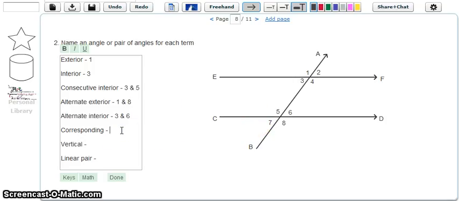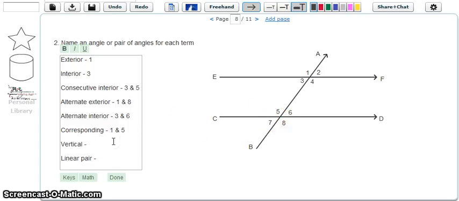For corresponding angles, we know that it's on the same side and they're equal to each other. So we know that 3 and 5 aren't equal because they are same side interior, and those are not equal, so we'll go with 1 and 5 as the corresponding angles, along with other examples like 2 and 6 and 3 and 7 like we covered earlier.